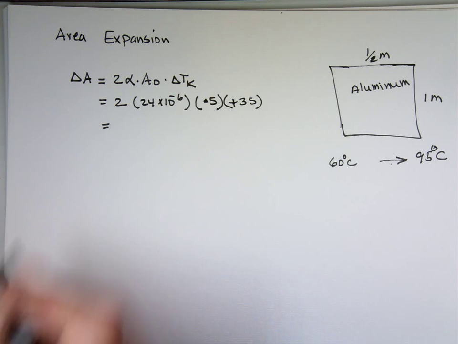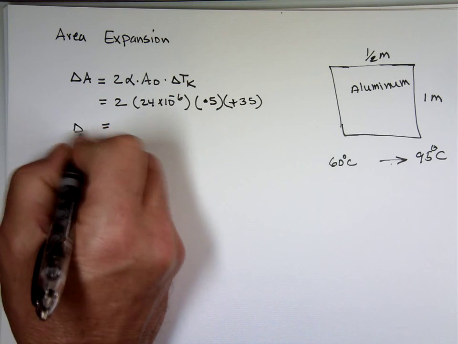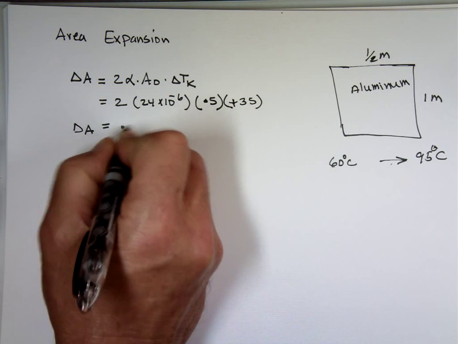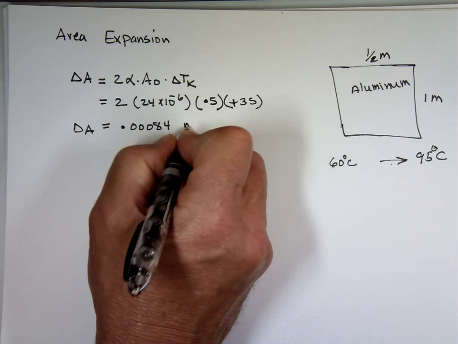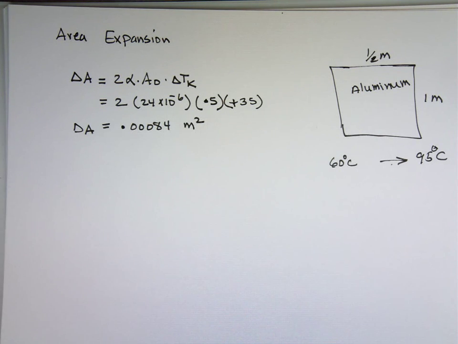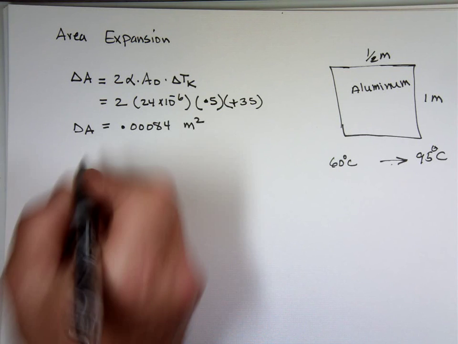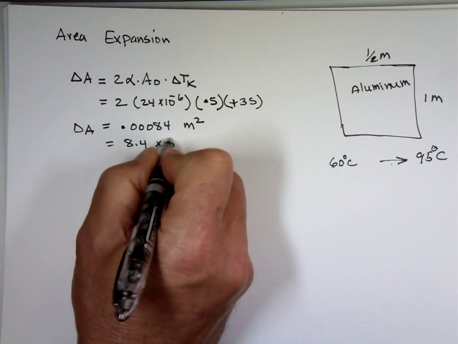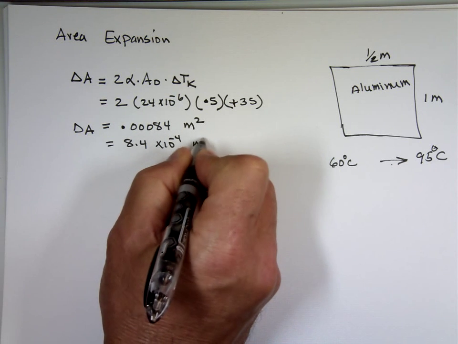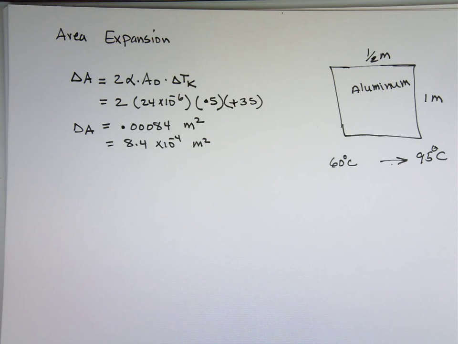It says actually the area changed by 0.00084 square meters, or 8.4 times 10 to the negative 4 square meters. That's how much the area changed by, got bigger by that much.